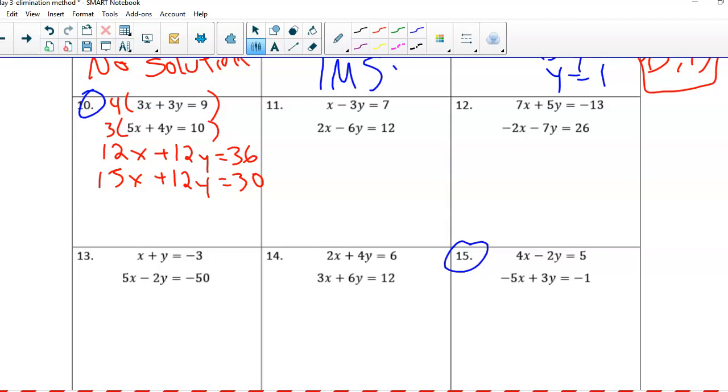Subtract. 12x minus 15x is negative 3x. 12y minus 12y will give us 0. 36 minus 30 will give us 6. What is x? Negative 2.